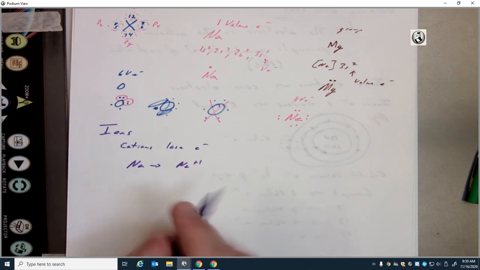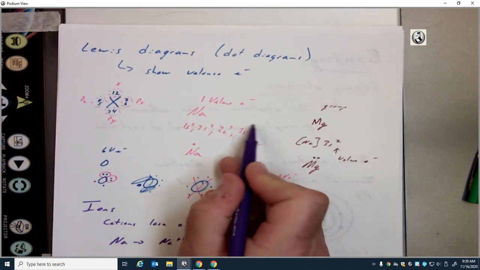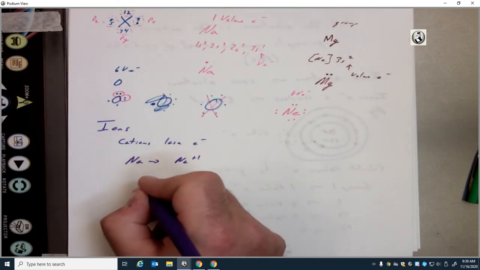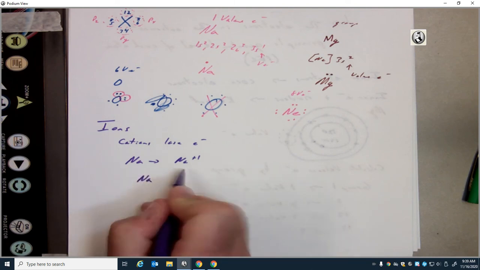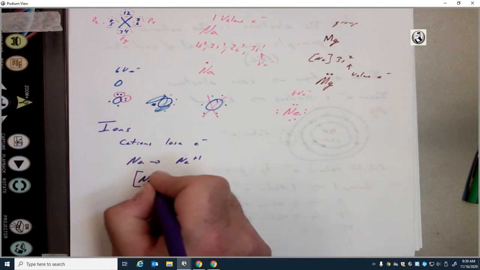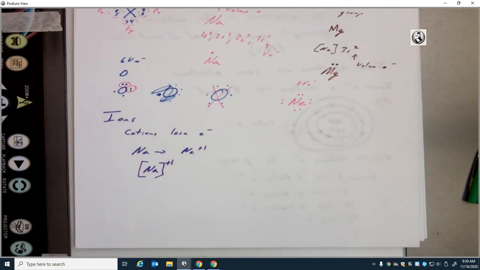It's going to lose this one valence electron. Normally we'd have a dot here. That electron for the metal is lost. When it's lost, we put it in brackets with a plus 1.